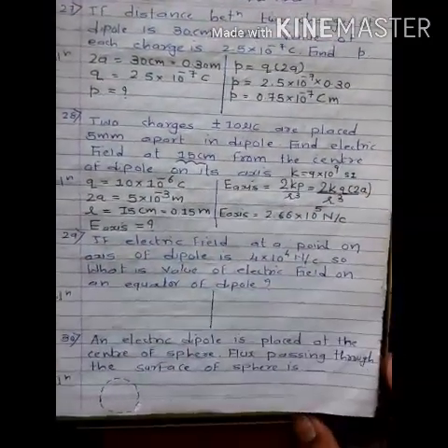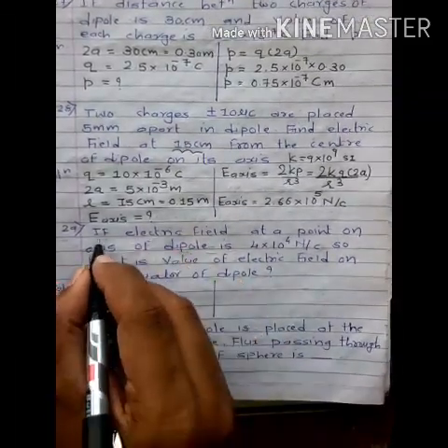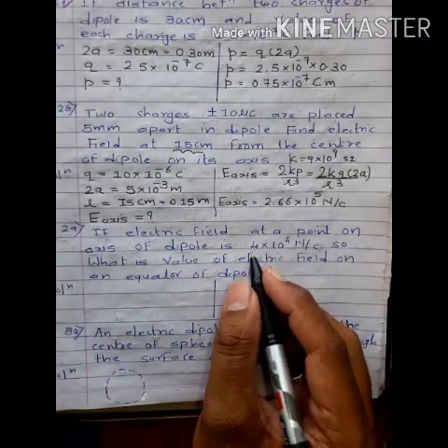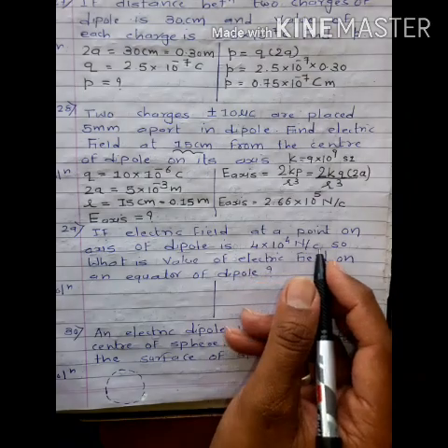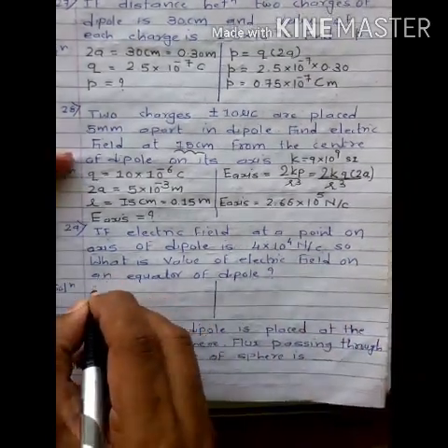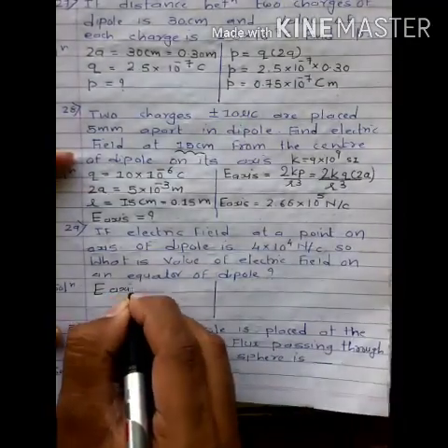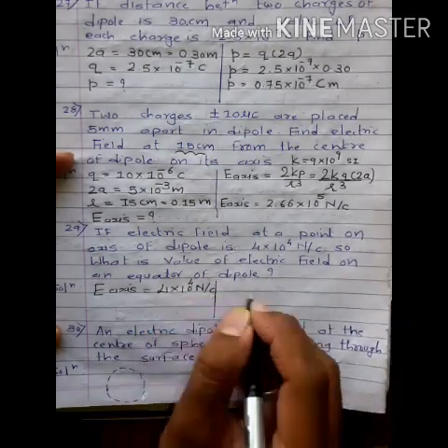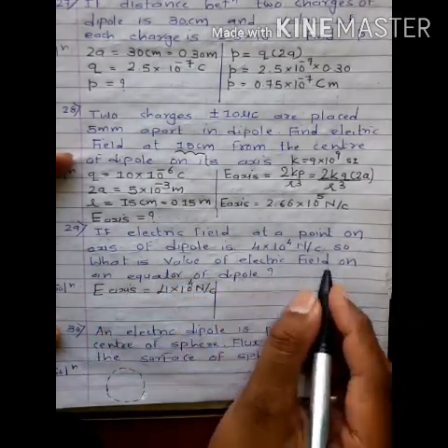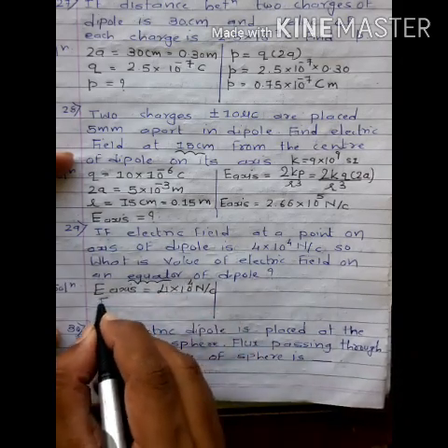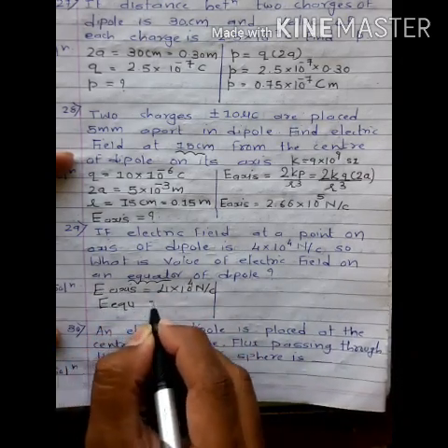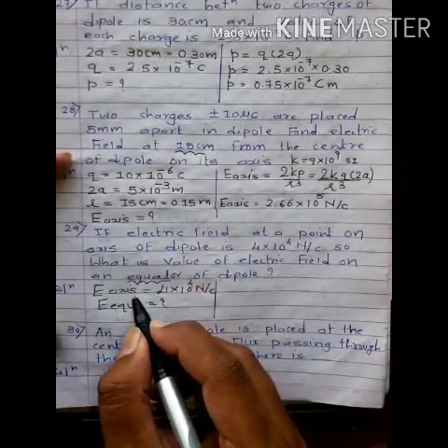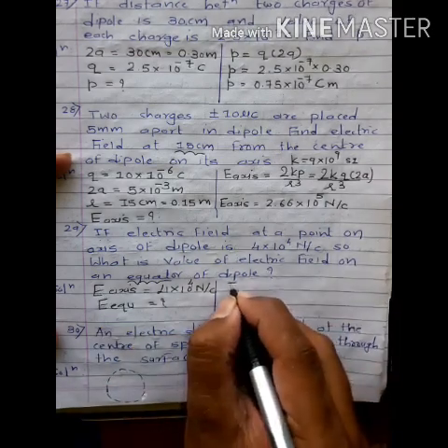Next MCQ: if the electric field at a point on the axis of a dipole is 4 into 10 to the power 4 Newton per Coulomb, what is the value of the electric field on the equator of the dipole? Here we want the electric field on the equator of the dipole. We have a standard relation between axial electric field and equatorial electric field.